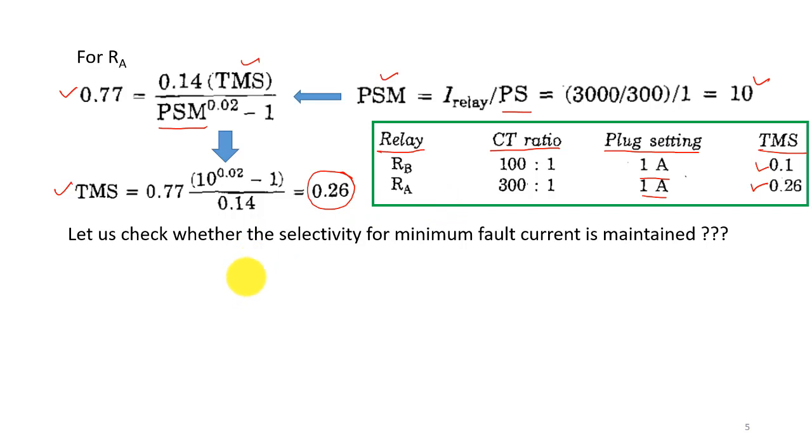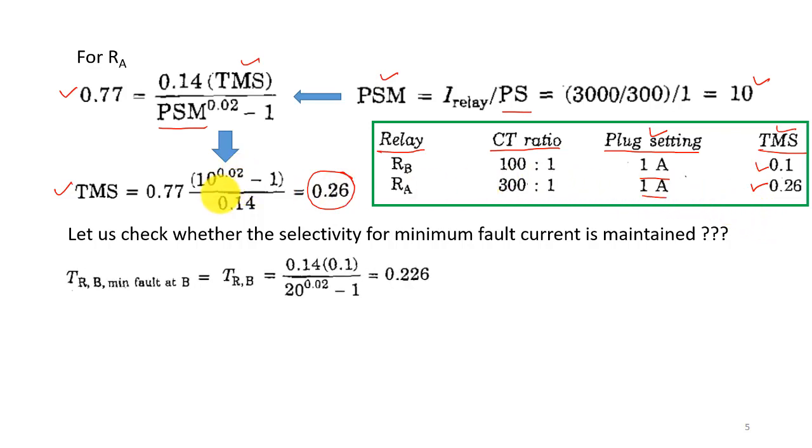Now let us check whether selectivity for minimum fault current is maintained with this setting. This is the plug setting and TMS setting we found for both relays. Let us check whether these settings are really suitable for the minimum fault current as well. If not, then we need to change them. So let us find the operating time TRB for the minimum fault current.